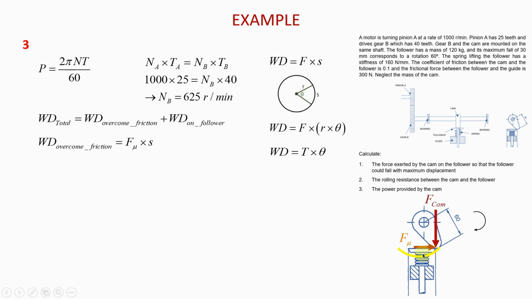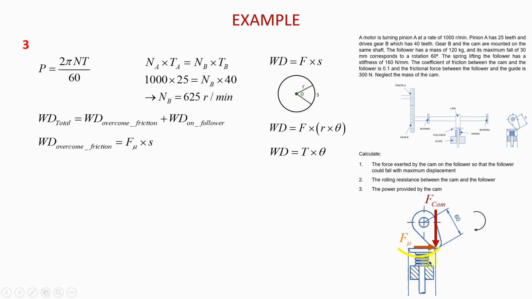Notice that the follower here will be pressed down as the cam is rotating. So when the cam is here, the follower will have moved down to this point, and the direction of the friction force will now be somewhere here. So I want you to appreciate that this friction force is acting along a circular path, and therefore the distance covered by that force is an arc length.